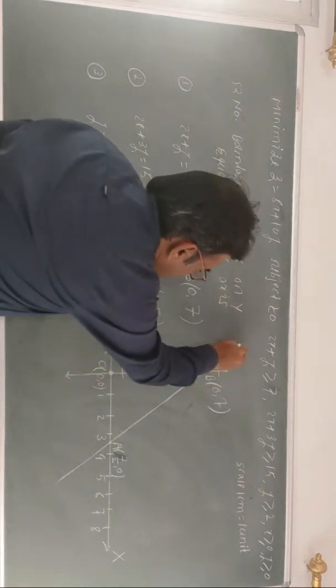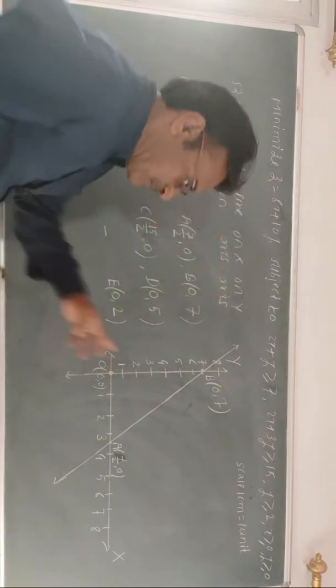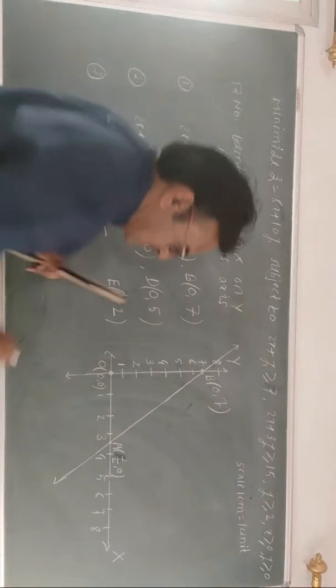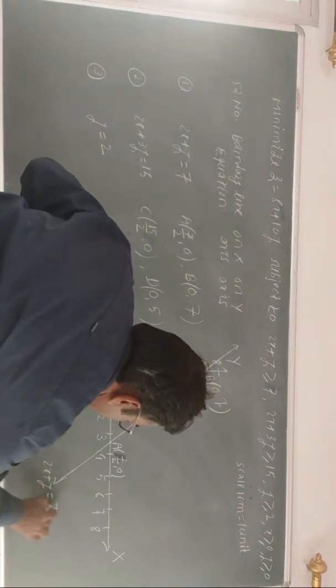This is the boundary line AB, and the equation of this boundary line is given here, 2x plus y equals 7.